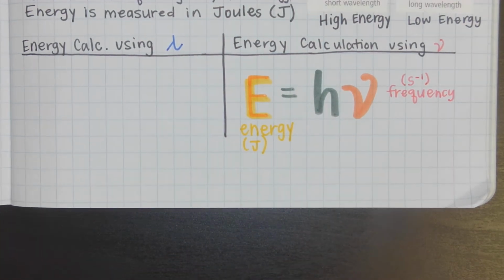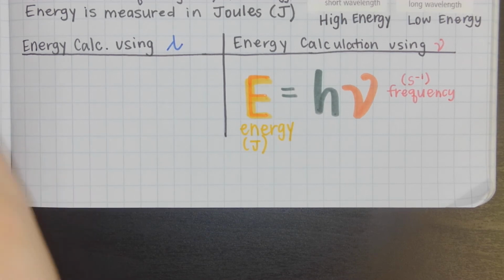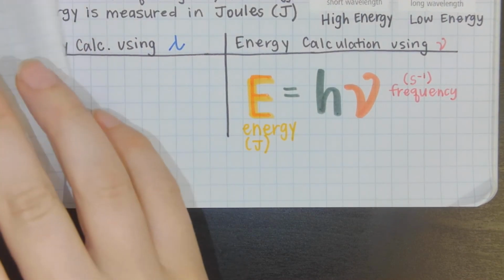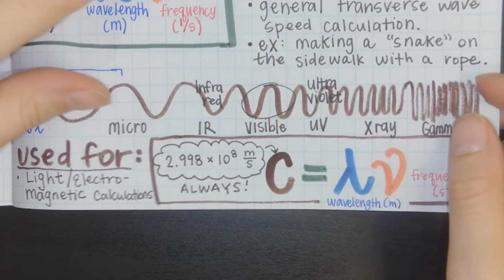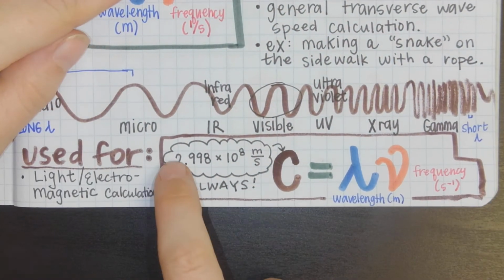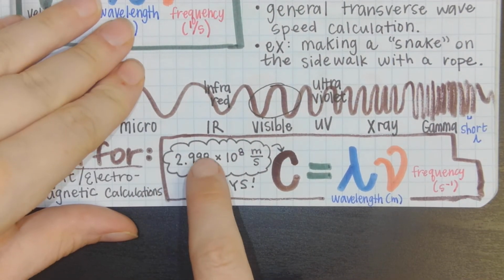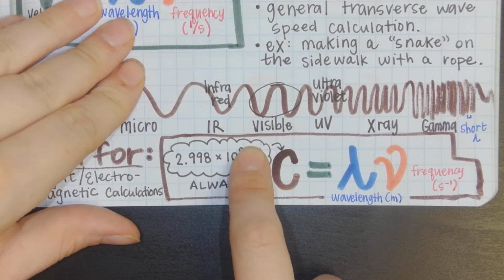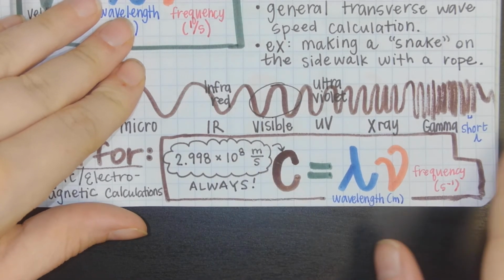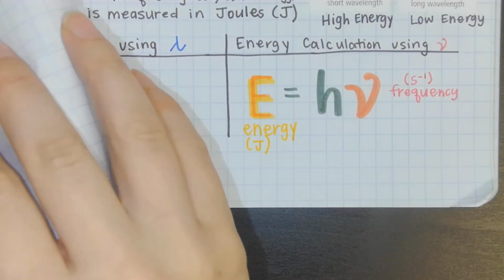And H is new. H is going to be a new thing. Last time we talked about C, letter C, and that C is the speed of light, and we always plug in 2.998 times 10 to the 8th power for C. H is really similar.